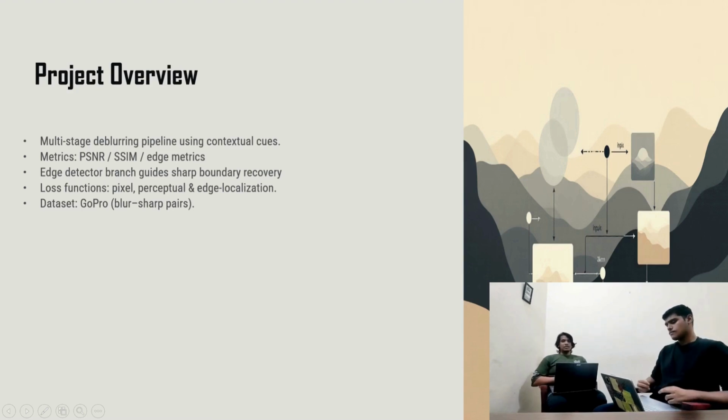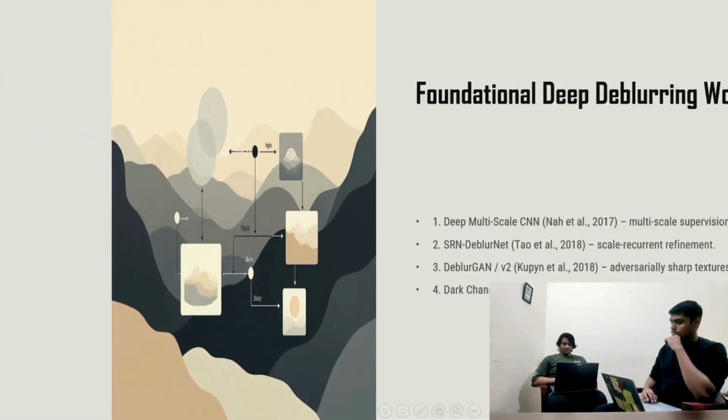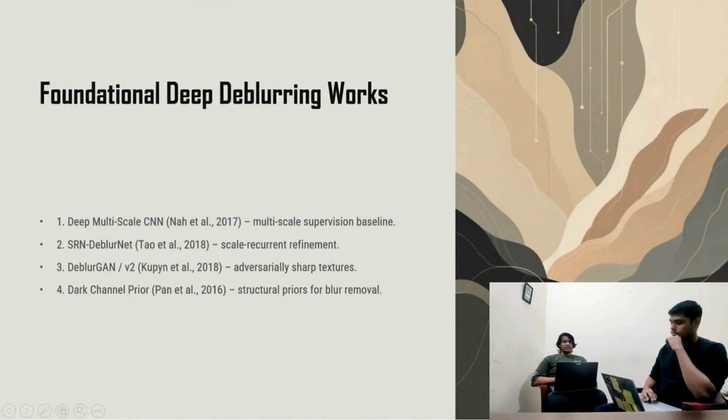For that, we are mainly using the GoPro dataset, and evaluation uses PSNR, which is peak signal to noise ratio, and SSIM, which is structural similarity index measure, plus visual edge metrics to show improvement over vanilla multi-scale nets and GAN approaches. So the remaining will be continued by Aditya.